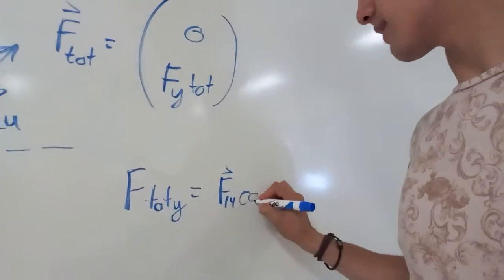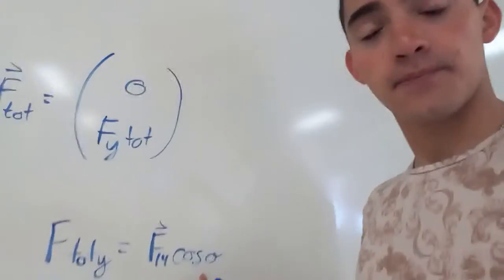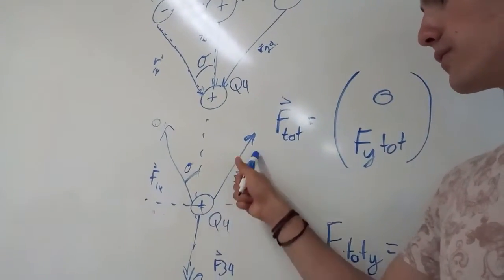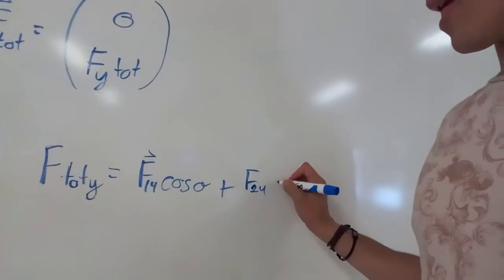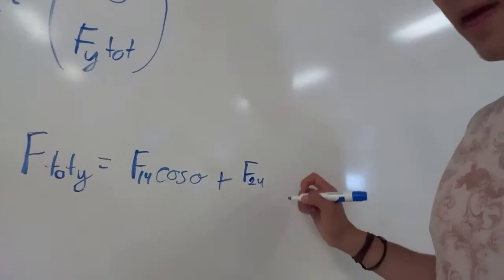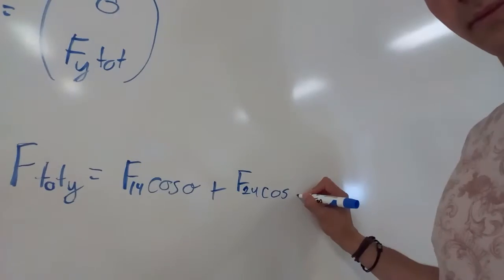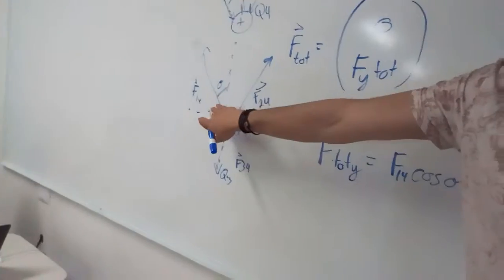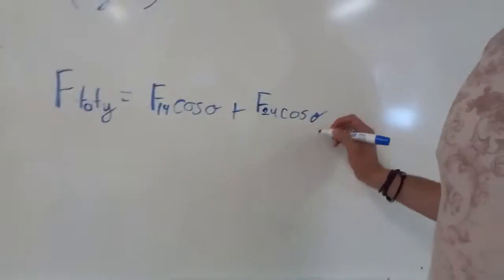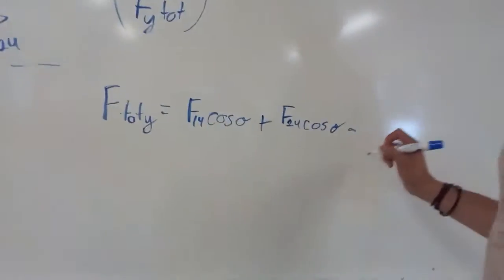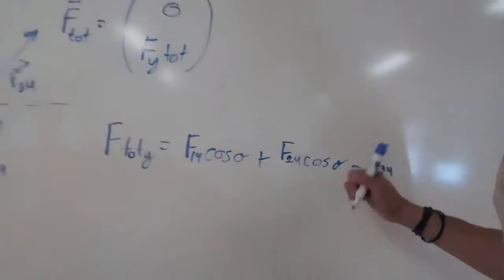So we will multiply this by the cosine of theta. Then we will add the force 2 to 4 in the y-axis. Well, we won't be talking about vectors. Cosine theta, because it's exactly the same as in this part, but with this part, minus the force that goes downwards. Okay, the force that goes downwards is the force from 3 to 4. This.